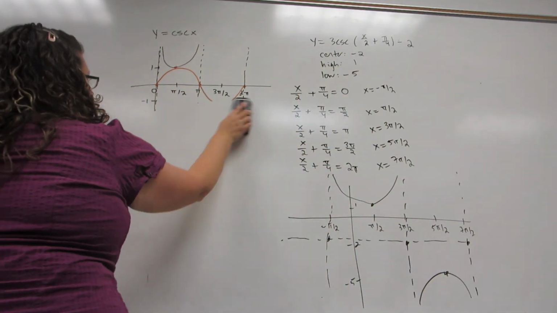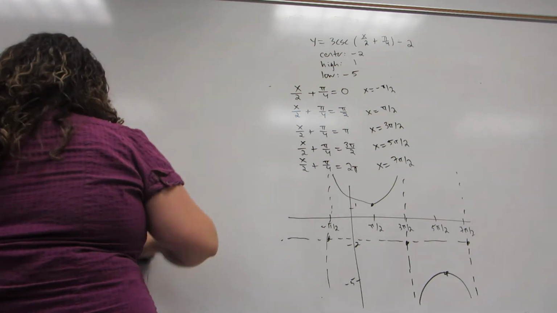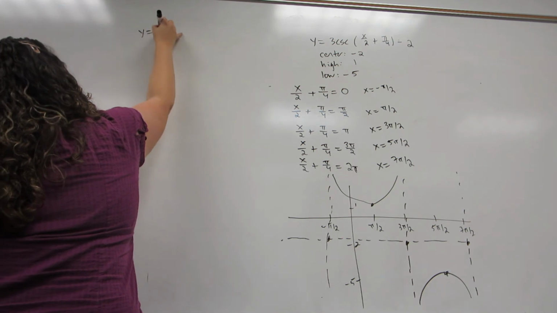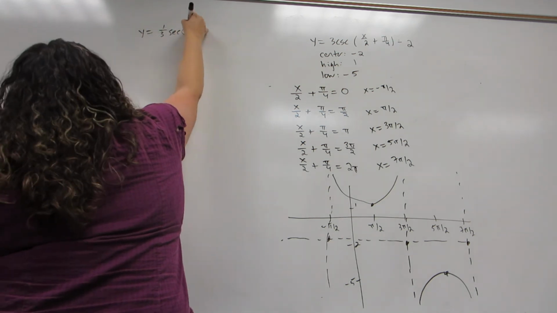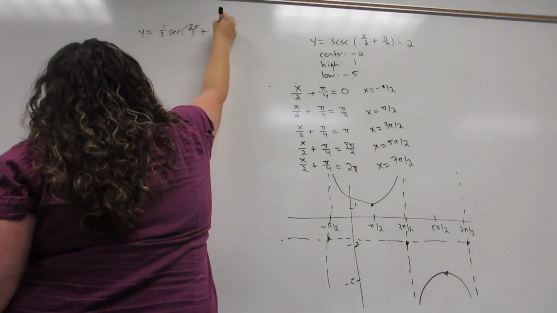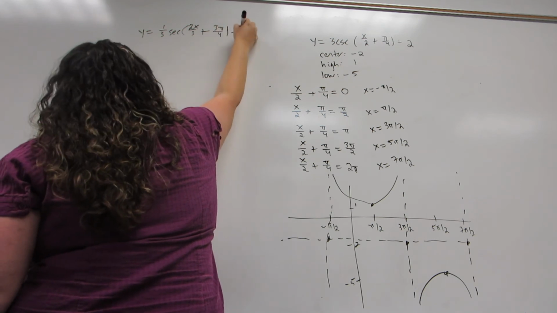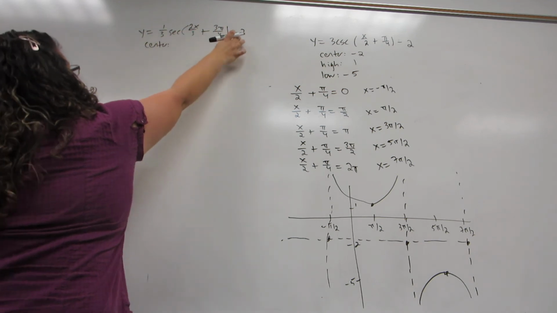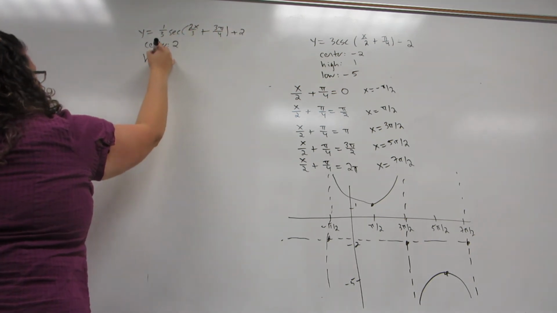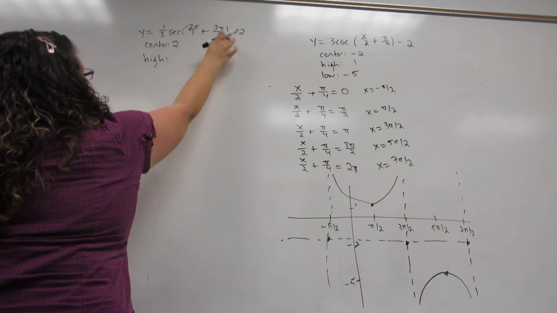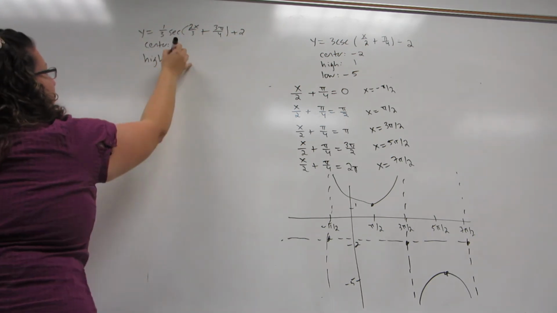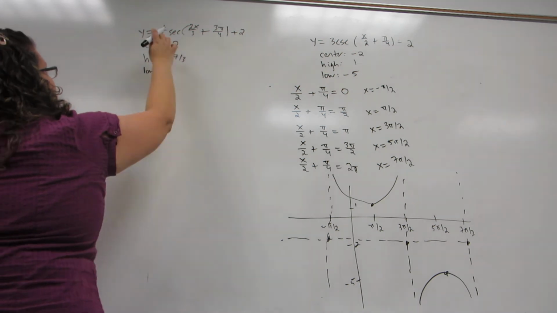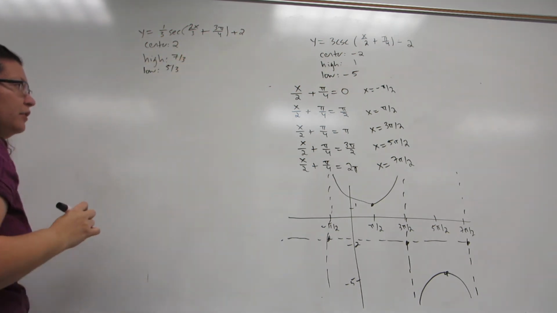Okay. Let's do an example of secant. The center is the 2. The high will be 2 plus 1/3, or 7/3. The low will be 2 minus 1/3, or 5/3.